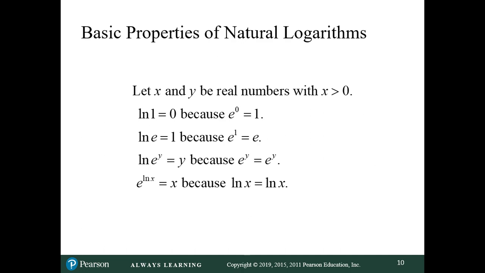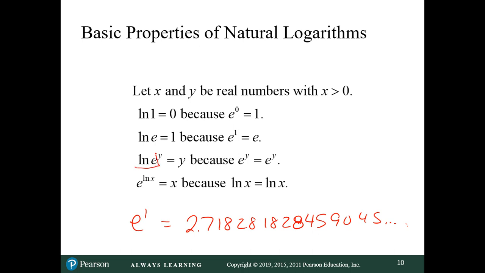Natural logarithms are logarithms that occur in nature, like certain leaves follow a pattern and so on. So a natural logarithm has a base of e. What is e? Well, e to the first is 2.7182818459045. Remember that from the other day? We had our history lesson. So natural log and e are inverses of each other.